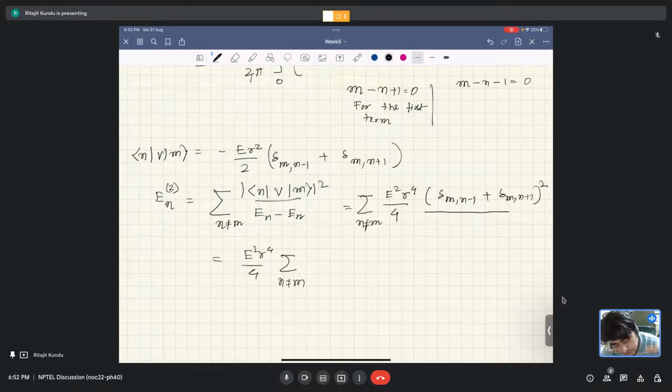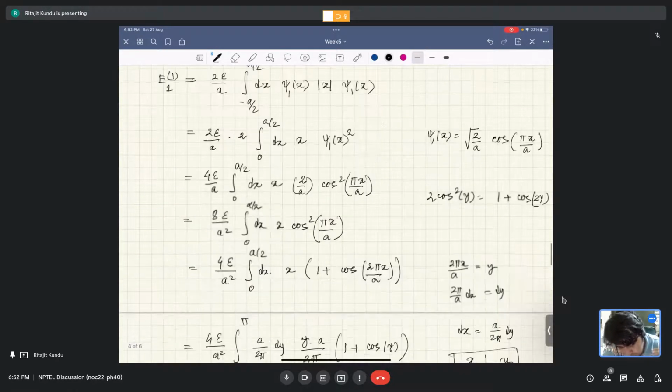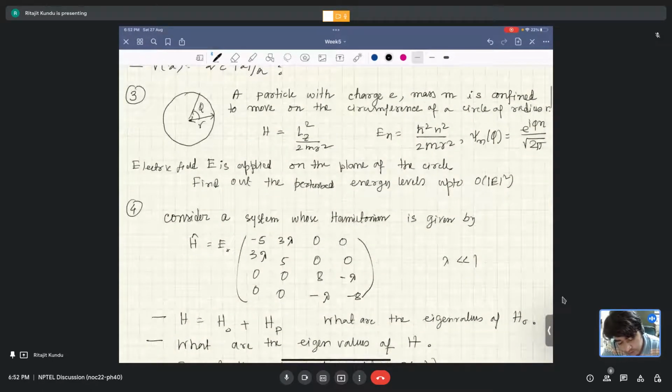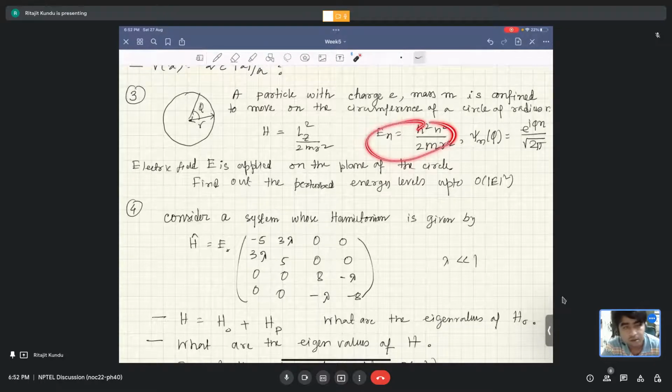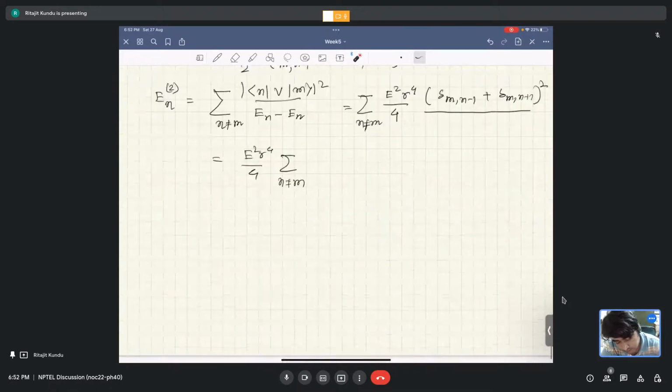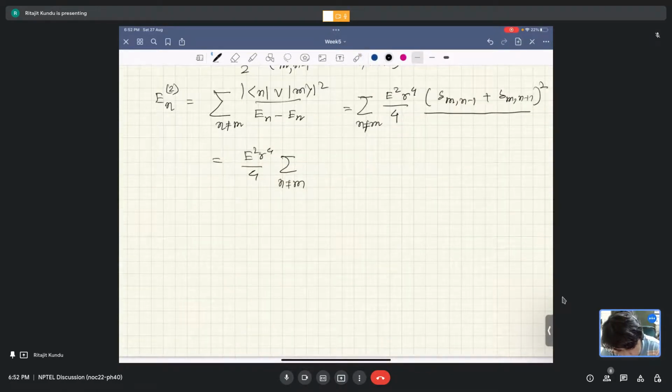And let's remember what the eigenvalues of this system are. The eigenvalues are given by h bar square n square by 2m r square. Okay, so let us go back and plug those things in as well. So h bar square n square by 2m r square minus h bar square m square by 2m r square. I will take these constants common from this expression.